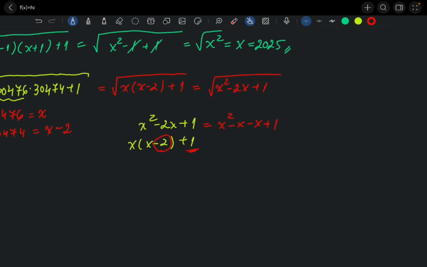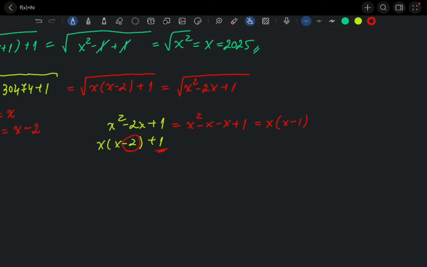We factor an x from the first two terms and we get x times x minus 1. And now we factor a negative sign from the last two terms as follows. We factor a negative sign from the negative x and we get x, a negative from positive 1 and we get negative 1. Now it's clear that our common factor is x minus 1.